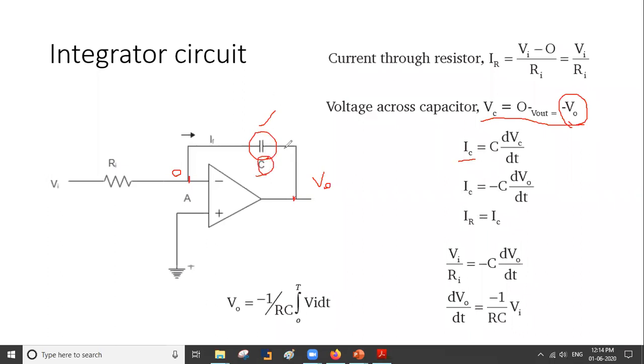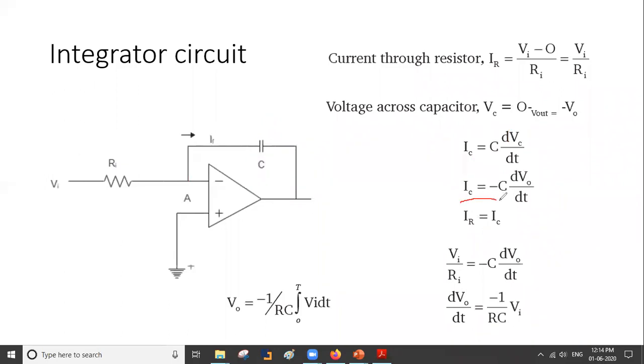So C into dVc by dt is our current flowing through the capacitor. You have the value for the voltage across the capacitor, that is minus V0. So substitute it here, and IC becomes minus C into dV0 by dt.